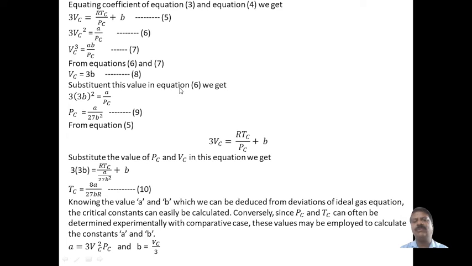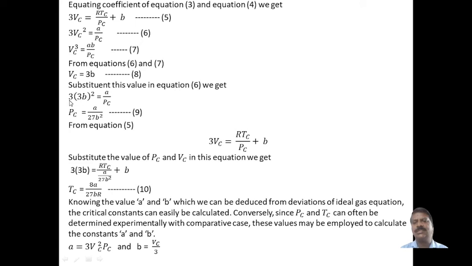Then substitute this value from equation number 6. The Vc you have to put here, from that Pc you can calculate. Therefore Pc is equal to, after putting this value here, 3Vc means 3B square, and A as it is and Pc as it is.